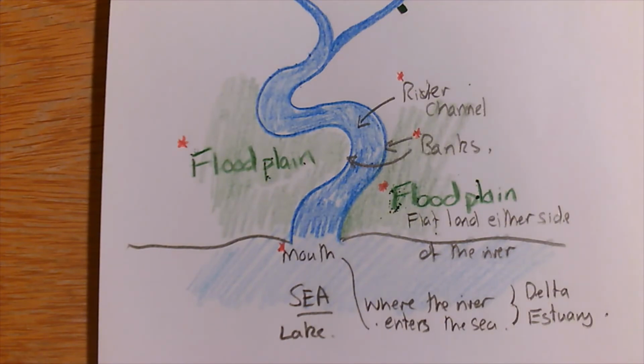And what do we call the flat land either side of our river? Bingo! It is the floodplain. Well done. And finally, where the river enters the sea, what do we call that? The mouth. Well done.